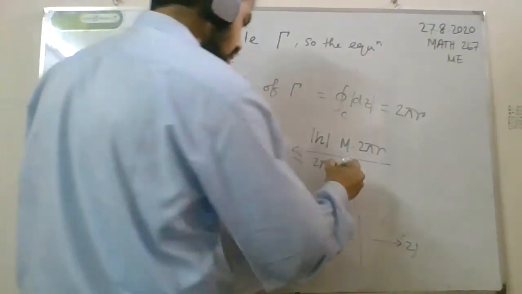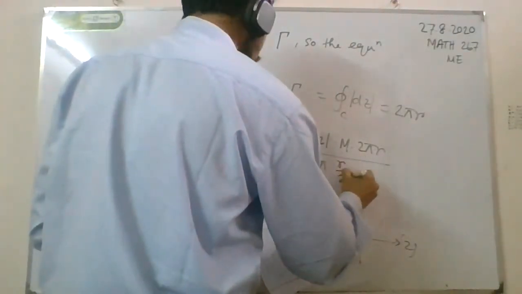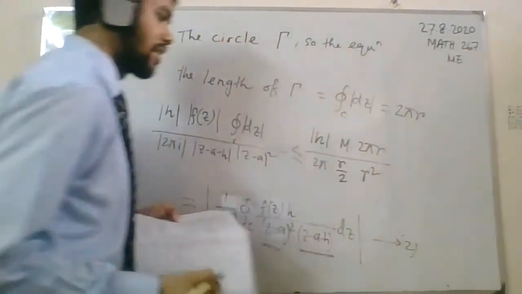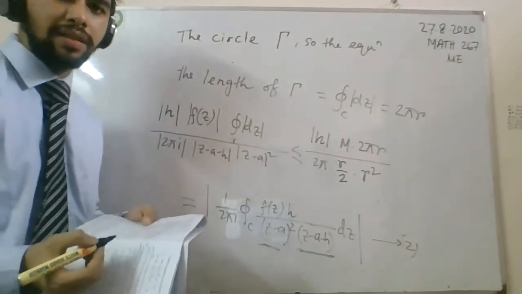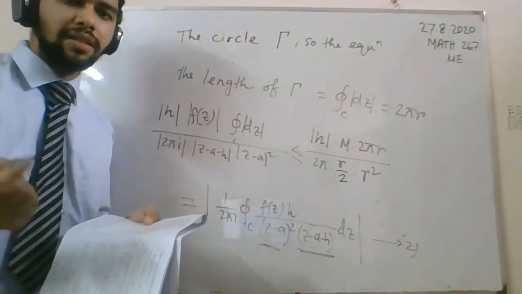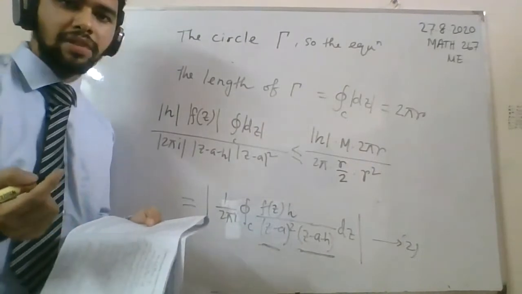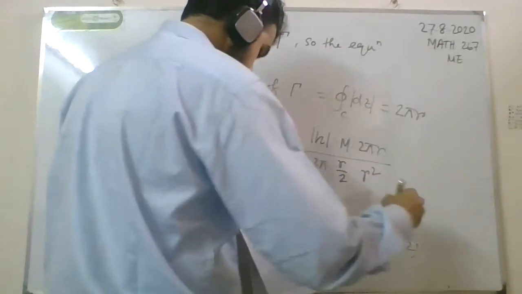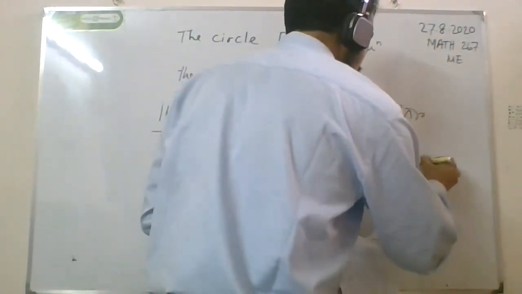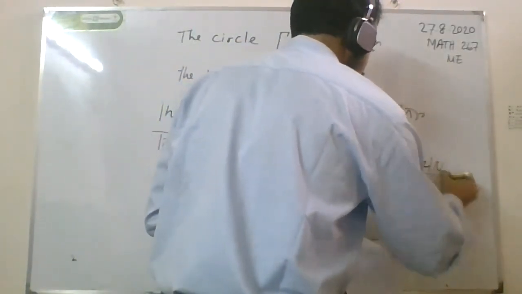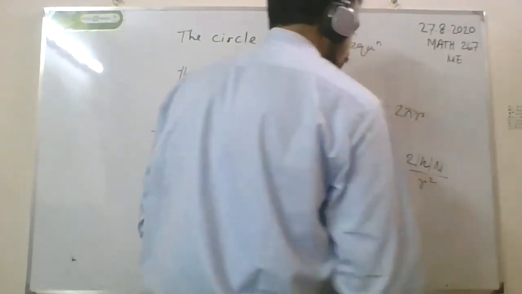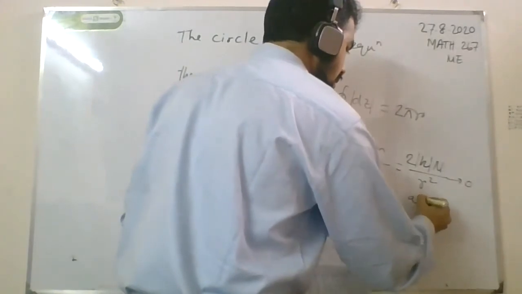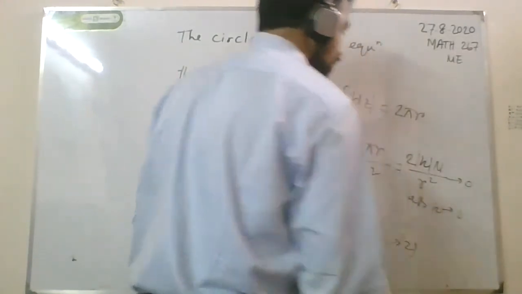Okay, then this will be r by 2, and also z minus a can be written as r square. So the modulus of z minus a equals r, so the modulus of z minus a square is r square. After that you can get 2hM divided by r square, and it tends to 0 as h tends to 0.